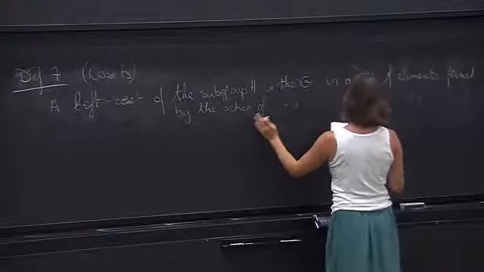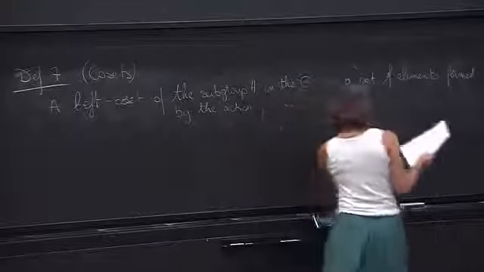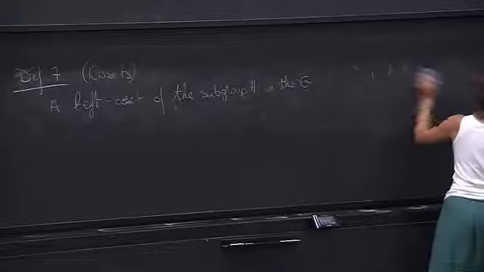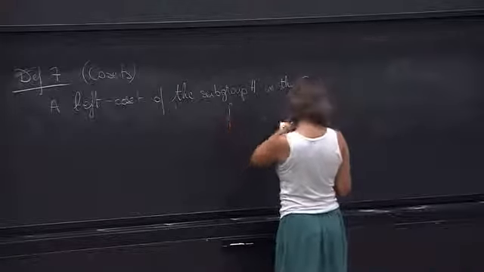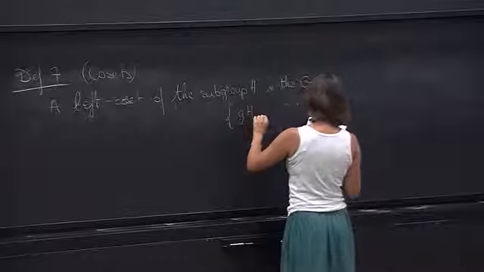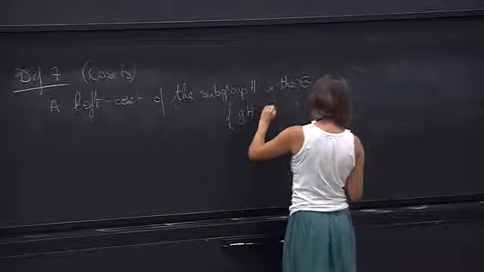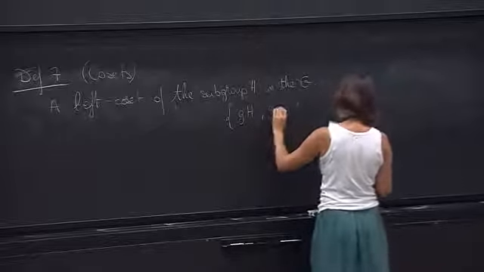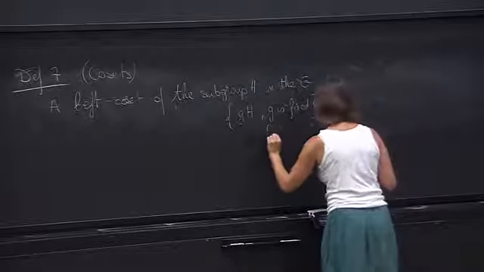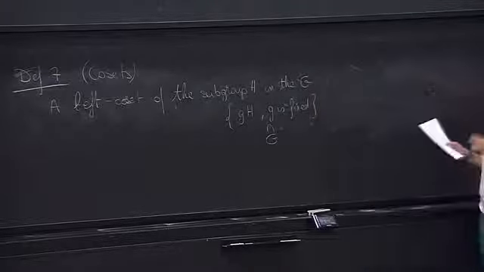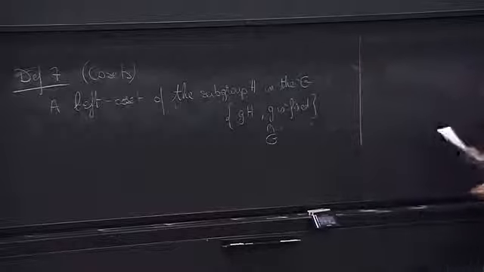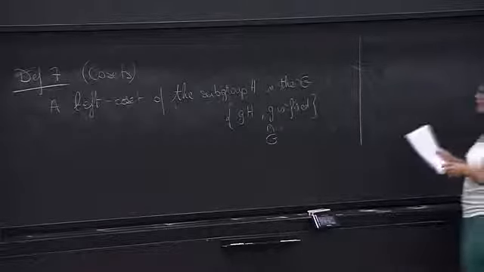So maybe I don't need to write this. I'm just going to write everything with words. It's the set of elements of the form gH, where g is fixed in G. And of course, the right coset would be the action on the left by a group element.